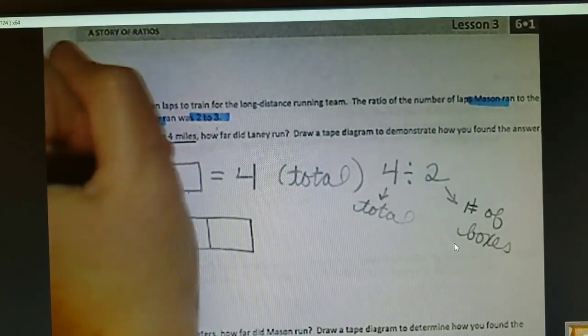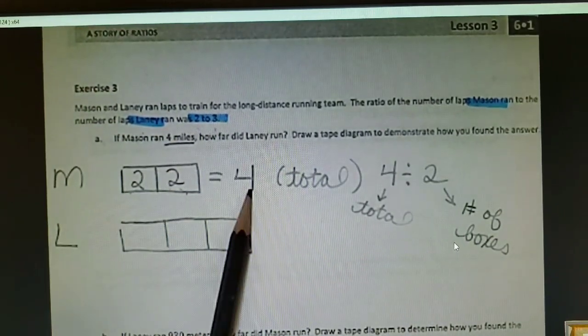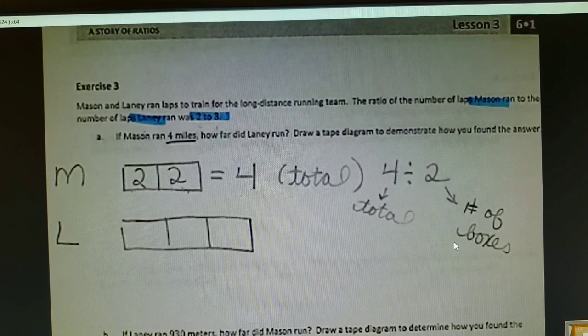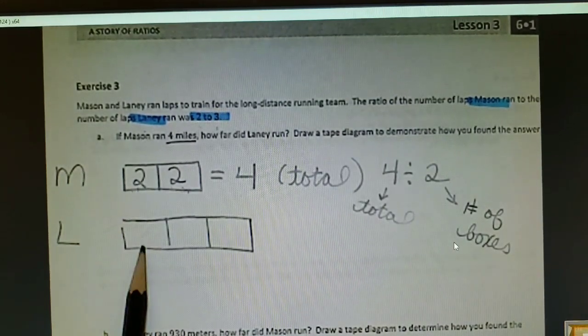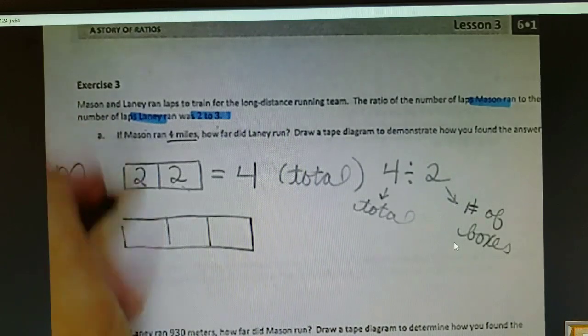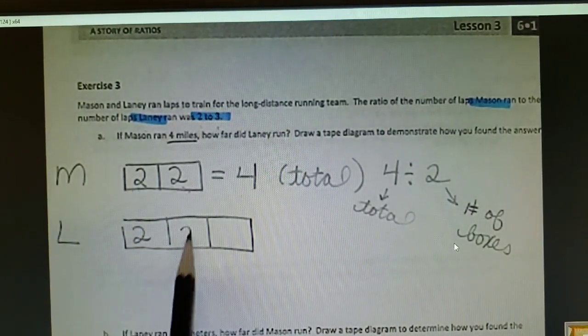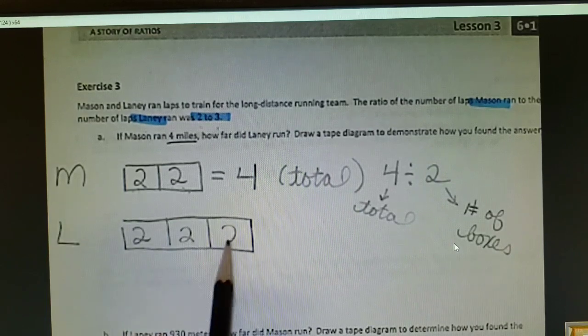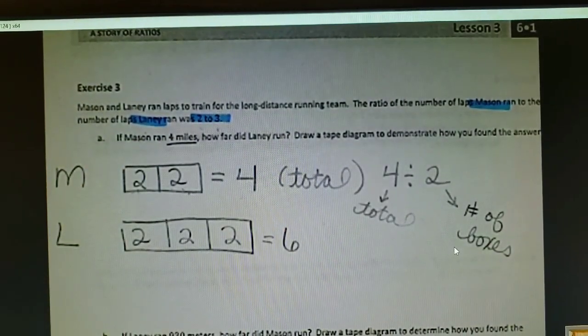So 2 goes in each one of those boxes. When you add these, they should equal whatever your total is, okay? So since this box is 2 and this box is equivalent in value, it also is worth 2. This box is 2, this one is 2, and this one is 2. The boxes should all be the same value, which means we get 6 for Laney.